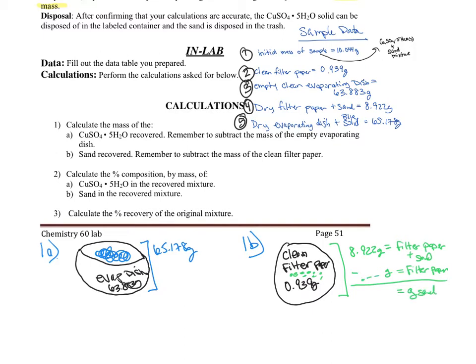Make sure you use your sig fig rules. So our masses from the digital scale all have 3 digits past the decimal point. Keep that straight, and you need to have units of grams. And as usual, box all of your final answers. So in 1A, we get, I'm going to call this X grams of our copper 2 sulfate pentahydrate.